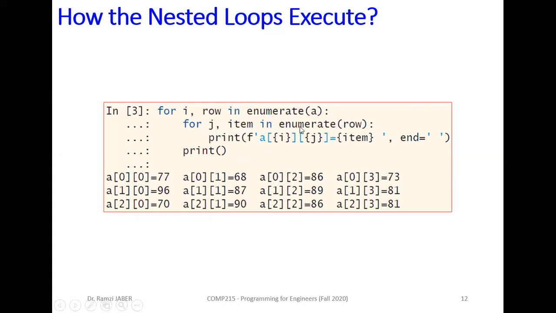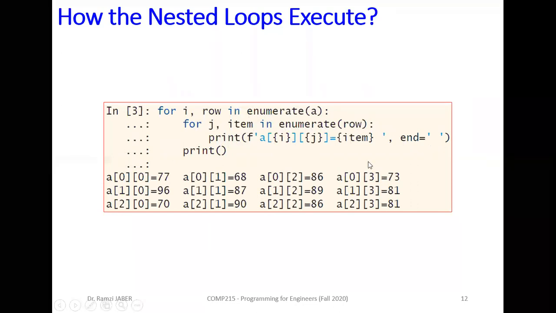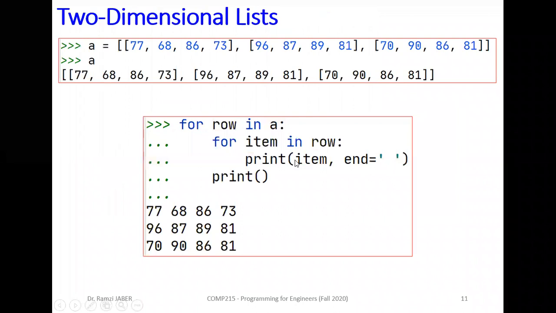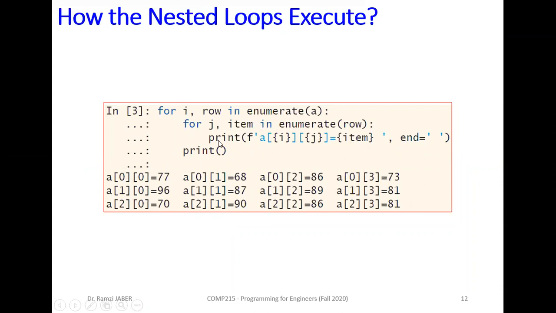For j, item in enumerate row, the same. Print f-string, A ij equal item, separated by space. So we'll print A00, A01, A02, A03, enter, and so on. This small code prints it like this, or we use the simpler code to print it like that. The same code, but here we put the indexes, which we get using enumerate. Any question here?